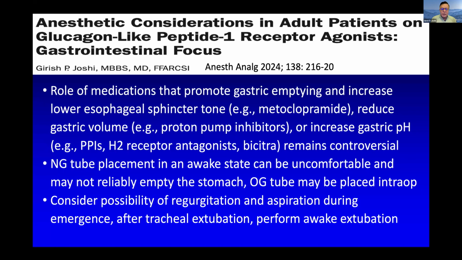Similarly, using an NG tube prior to the surgery in an awake state also is not helpful because, A, it does not reliably empty the stomach. More importantly, patient satisfaction will be impaired. More importantly, please keep in mind that the concerns of regurgitation and aspiration are not just during induction of anesthesia, but also during emergence from anesthesia.